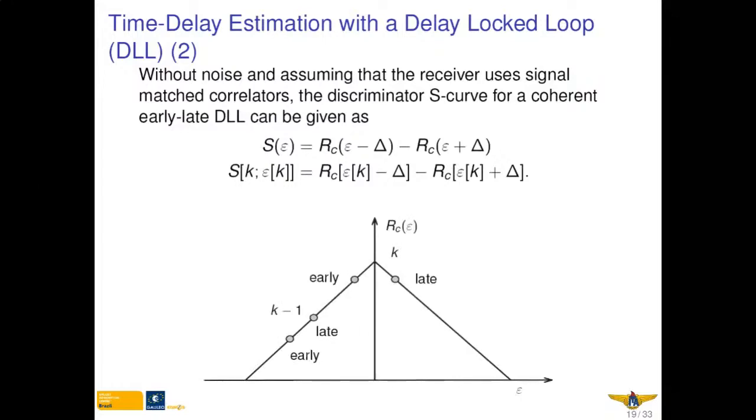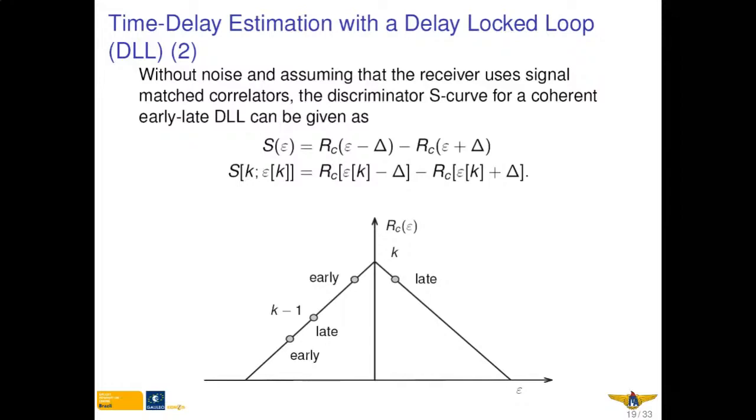This illustrates how the delay lock loop is finding the peak of the autocorrelation function or cross correlation function with the gradient ascent method. We start here, for example, at the time instant k minus 1. We calculate the early correlation and the late correlation, these two values.